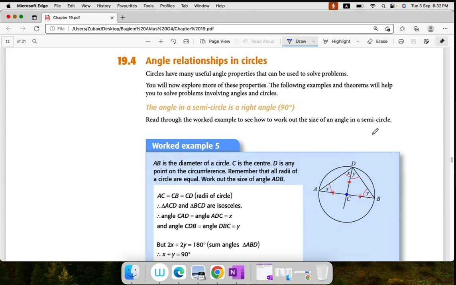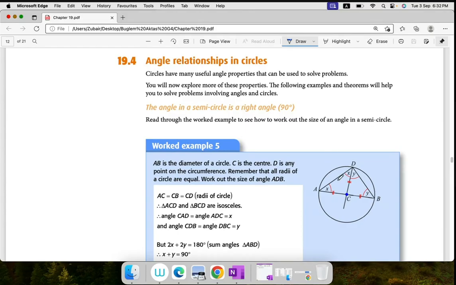So AB is the diameter of the circle, C is the center, and D is a point on the circumference. Remember that all of the radii of the circle are equal, so no doubt AC, DC, BC are radii and are equal. And if they are equal, it is definitely isosceles. So that is why the two base angles x and x are equal, and y and y are equal.